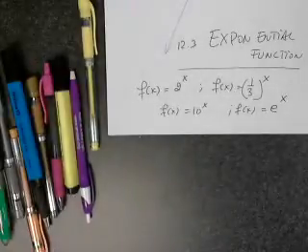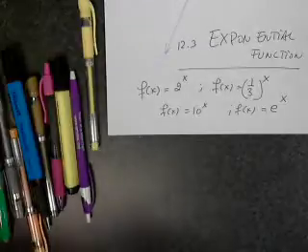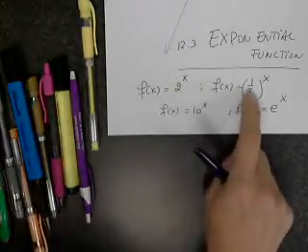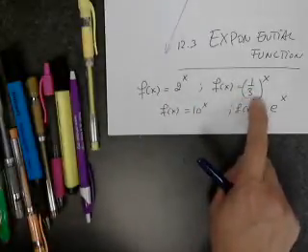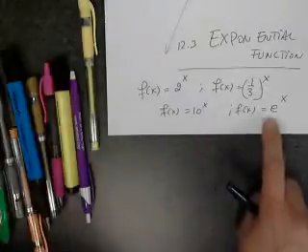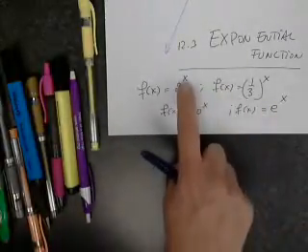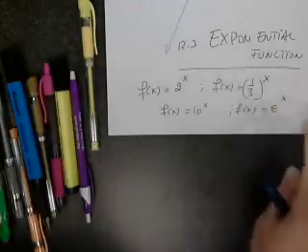Notice that the function has the variable as the exponent. The base is just a number. In the first case, the number is 2. In the second case, it's 1/3. In the next one it's 10. And in the last one it's e. All these are 4 different numbers. But the variable is the exponent. That's why we call it the exponential function. Okay.